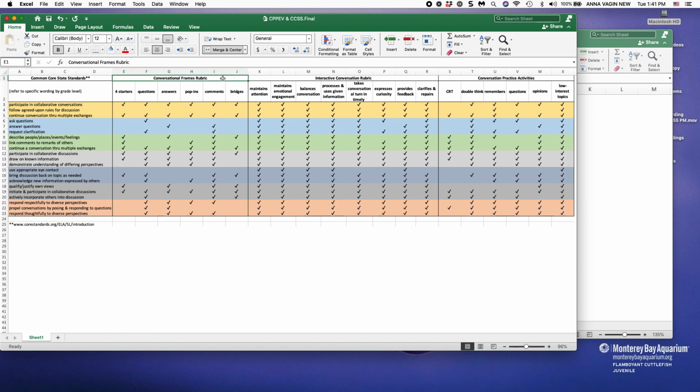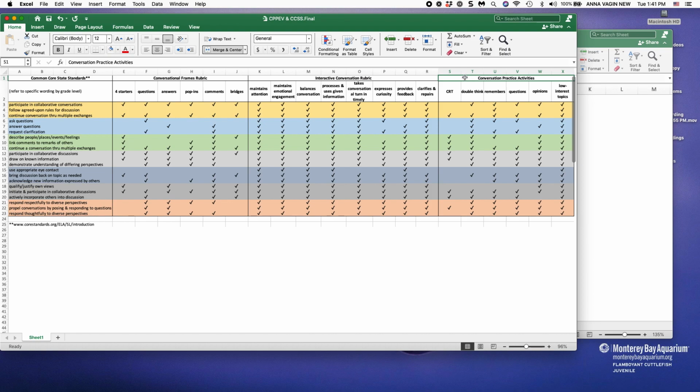First, there are the conversational frames. These are the paths themselves and the various parts of them. Next, because there's an additional interactive conversation rubric that talks about other important aspects of conversation, I've included this in this spreadsheet showing how aspects of this program, again, are compatible with the Common Core State Standards.